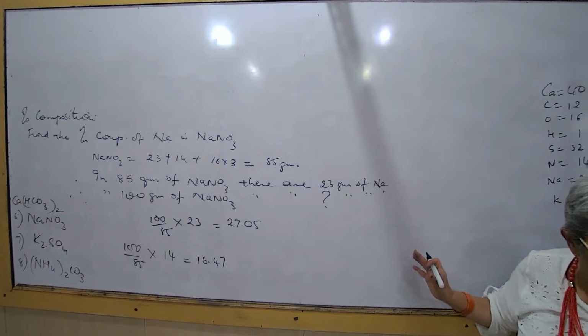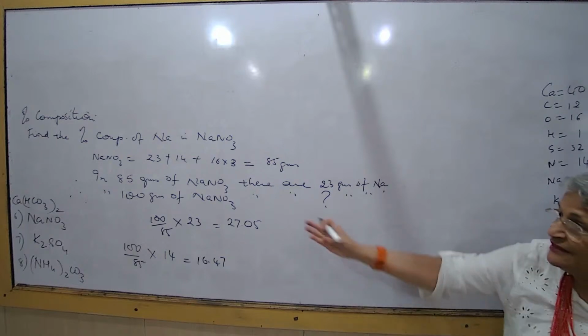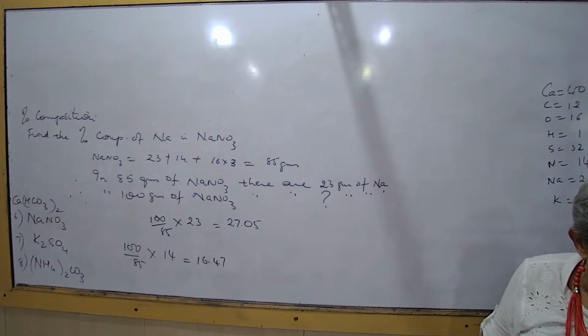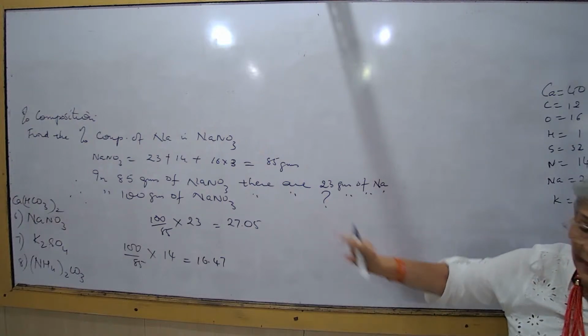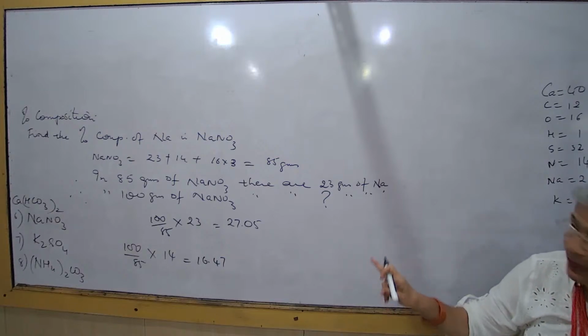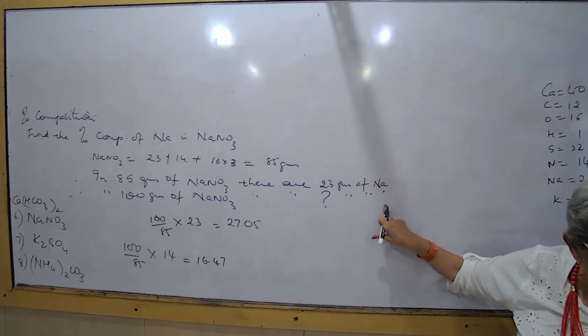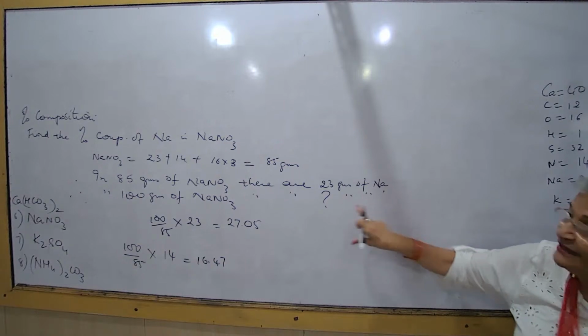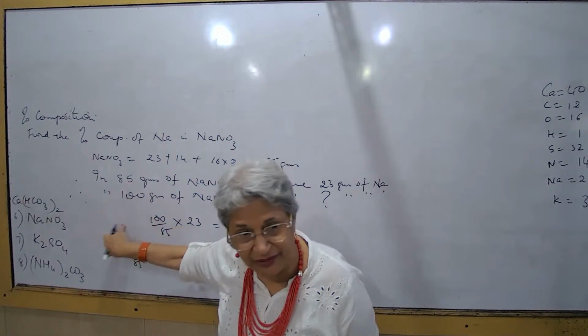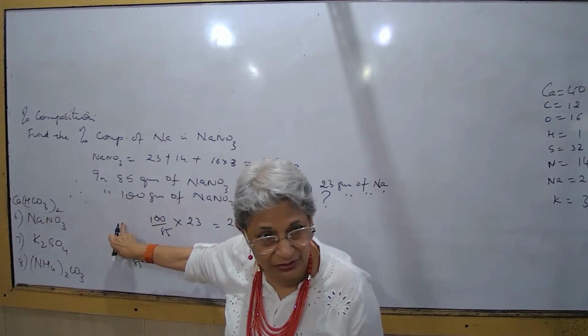Give me the second part of it now. Therefore, in 100 grams of sodium nitrate, there are how many grams of oxygen?